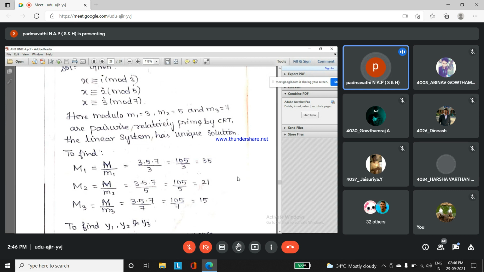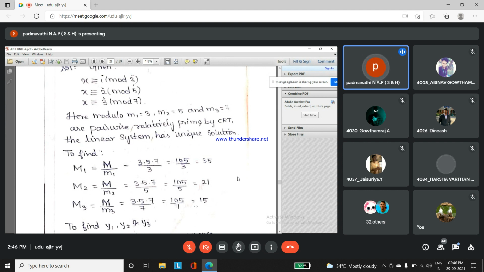This is the M1 value. Then M2 equals capital M divided by m2, that is 105 divided by 5, answer 21. Then M3 is capital M divided by m3, that is 15. So M1 equal to 35, M2 equal to 21, M3 equal to 15.